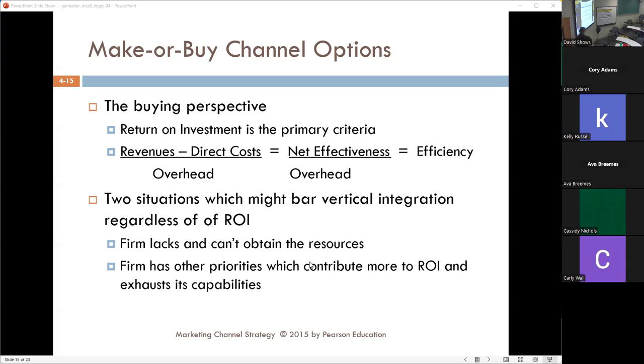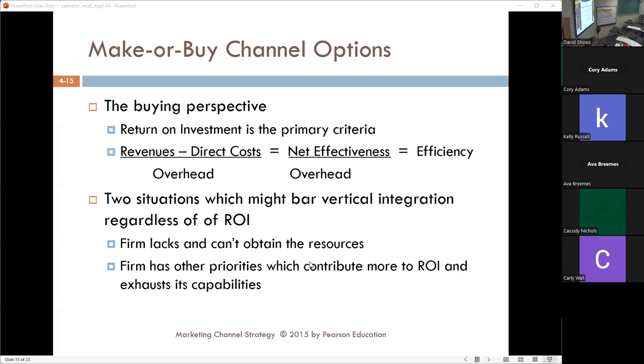This could be knowledge, it could be any particular value that you simply can't obtain. Or you have other priorities which contribute more to the return on investment, and realizing that in a fixed world with limited resources, we don't have enough. Many times this traps small organizations where they have to sell off some of their assets or even license what they do in order to survive.